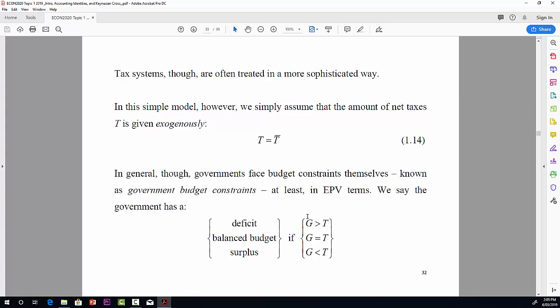So they're spending more than they're taking in. They have a balanced budget if G is exactly equal to T. And then they have a surplus if what they're raising through net taxes is greater than what they're spending in government expenditure. That's just a definition of those terms.